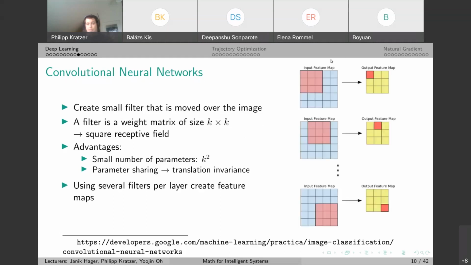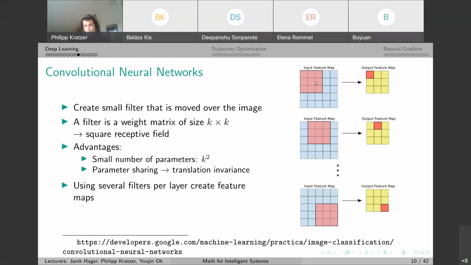So here's an example. We have this grid-like structure, and in red we have this convolution filter. What we do is we weight every pixel here with some parameter that we have here, and then we move this filter.